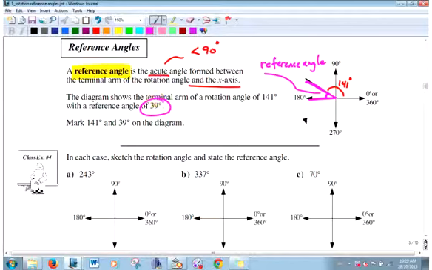It's 39. Or, what's the other way of thinking? What's 180 minus 141? It's 39. Okay? All right?